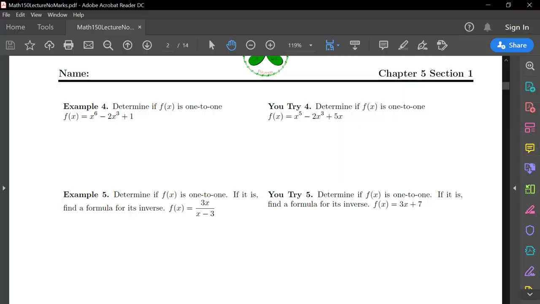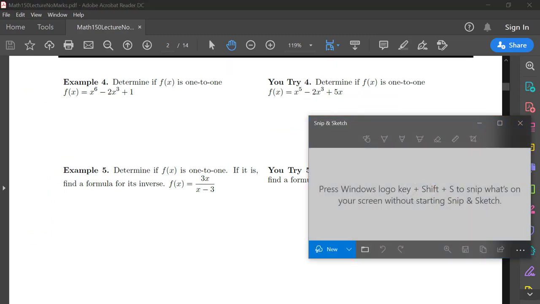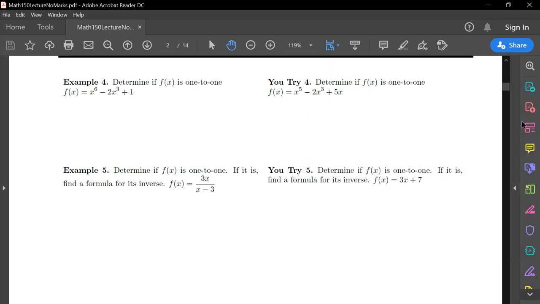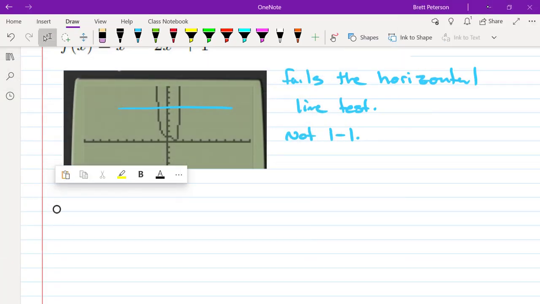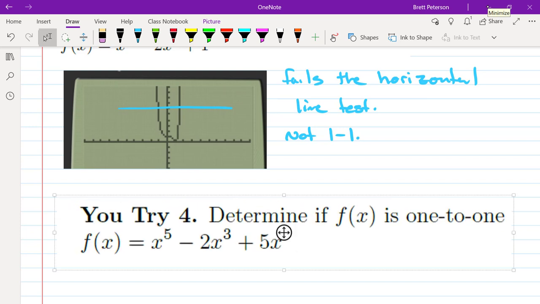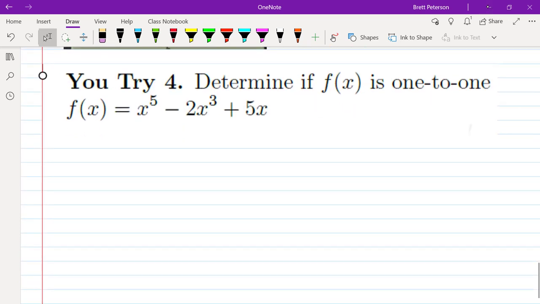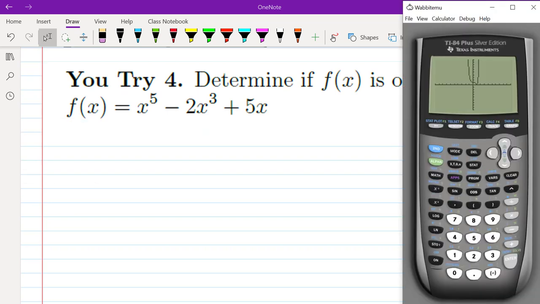All right, it's now your turn. Let's take a look at our next one. Similarly, I want you guys to go ahead and determine if this function is 1 to 1. So we put it into the calculator, and we get x to the 5th minus 2x cubed plus 5x.